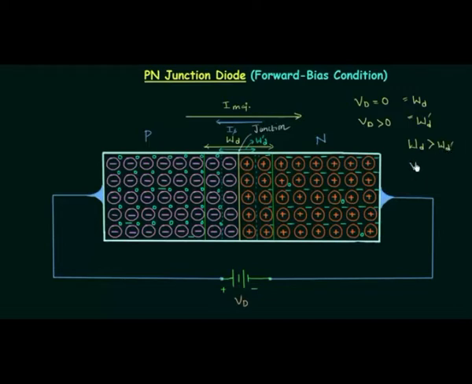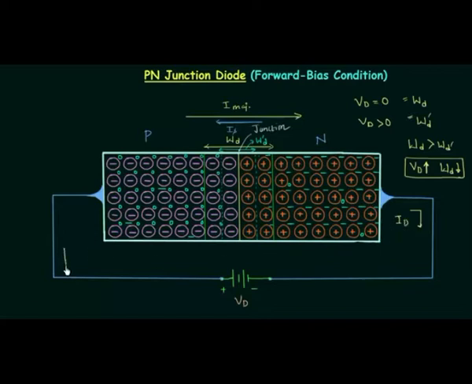So we can say that on increasing the bias potential, the width of depletion layer will reduce. This is very important point. On increasing the bias potential, the width of depletion region will reduce.